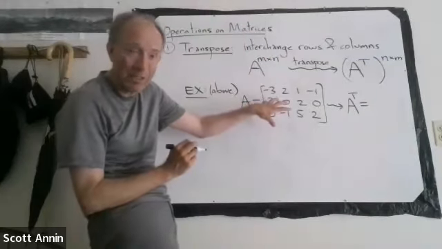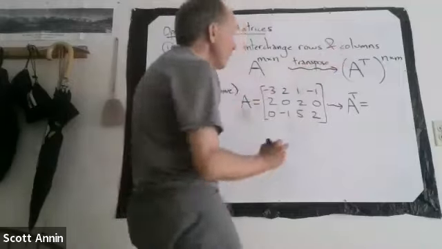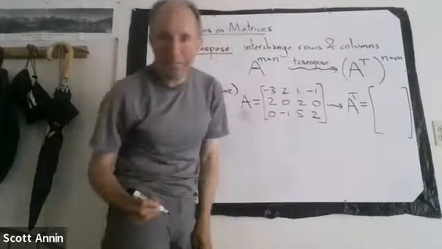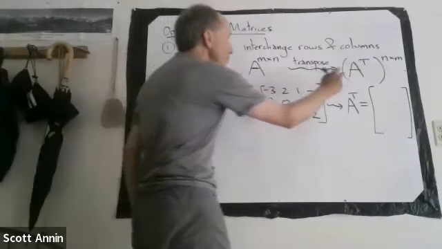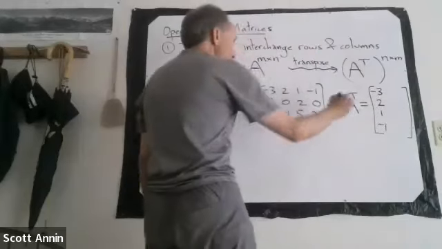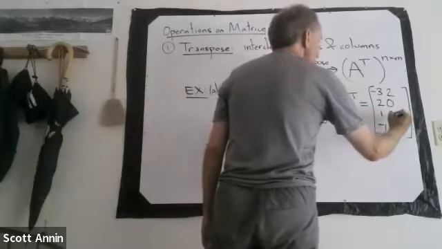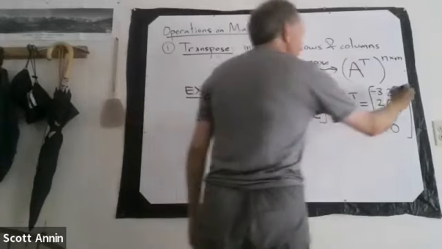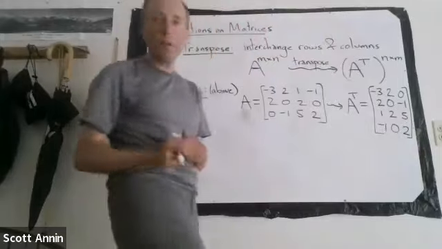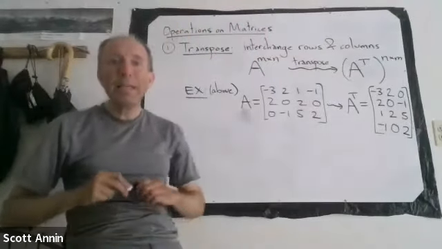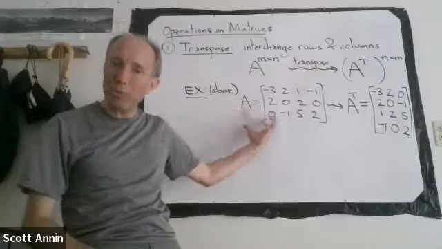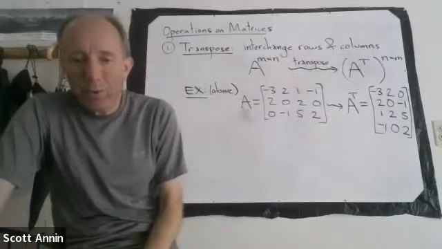Now the transpose is going to be 4 by 3. So the first row becomes the first column, the second row becomes the second column, and the third row becomes the third column. It's going to look like that. The original matrix was 3 by 4. The new matrix is 4 by 3.